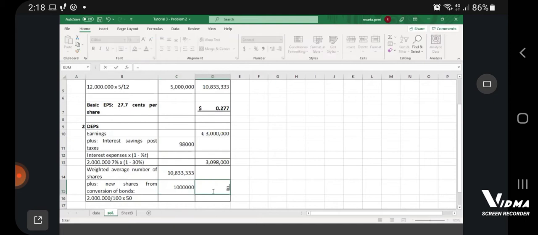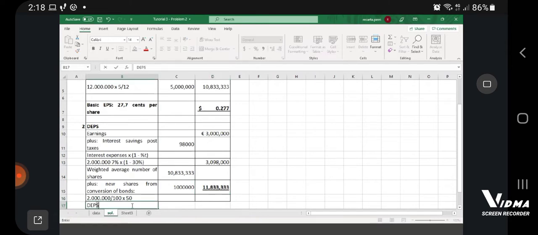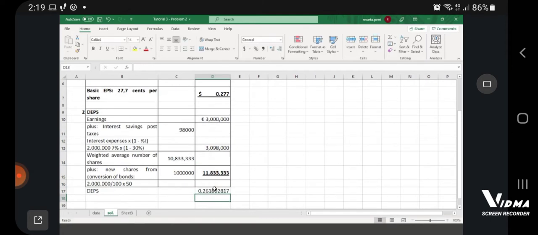What is the total number of adjusted shares after the conversion? 11 million. 833,333. That means that the diluted earnings per share will be the ratio between the adjusted amount of earnings and the adjusted amount of the weighted average number of shares.